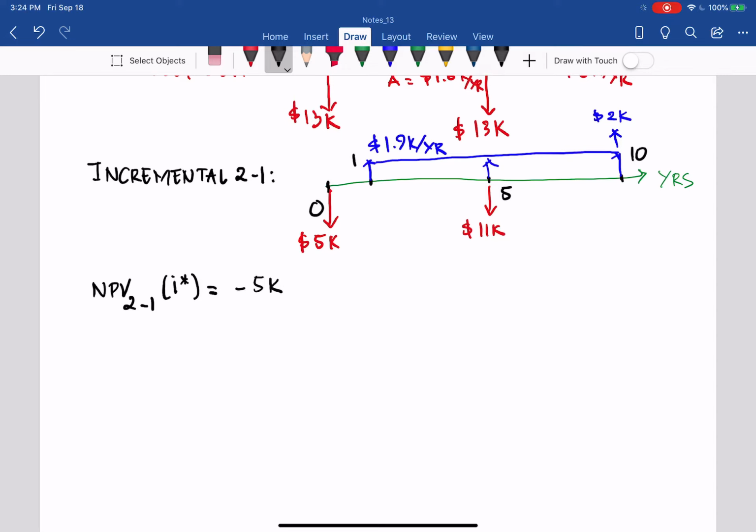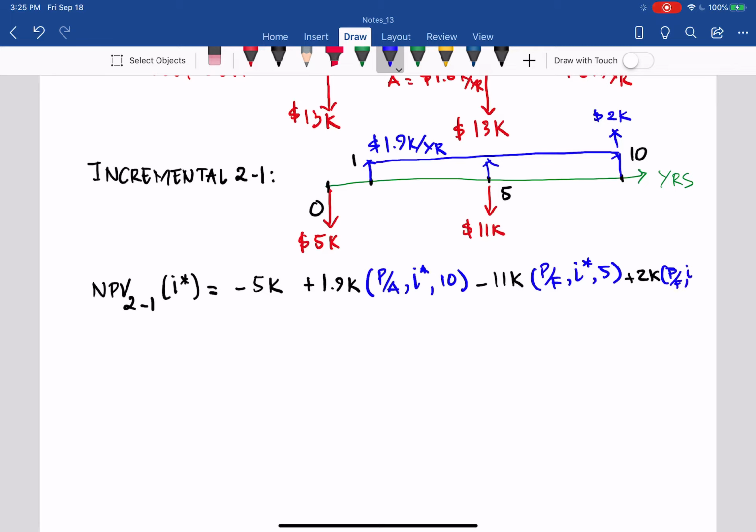By now, you know what we are going to do, plus 1.9K times the factor P over A, because it is the same amount over 10 years, at I star, 10 years, minus 11K at year 5 times P over F, I star, one single amount at year 5, and then plus 2,000 P over F, I star at year 10. And that has to be equal to 0.